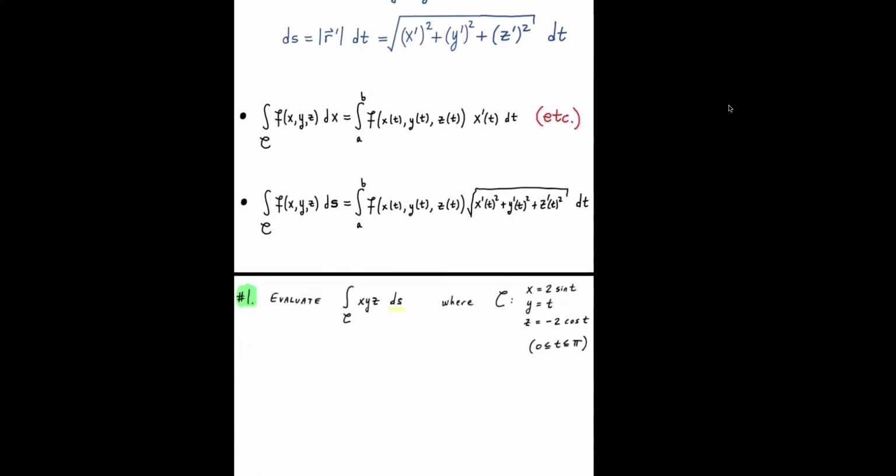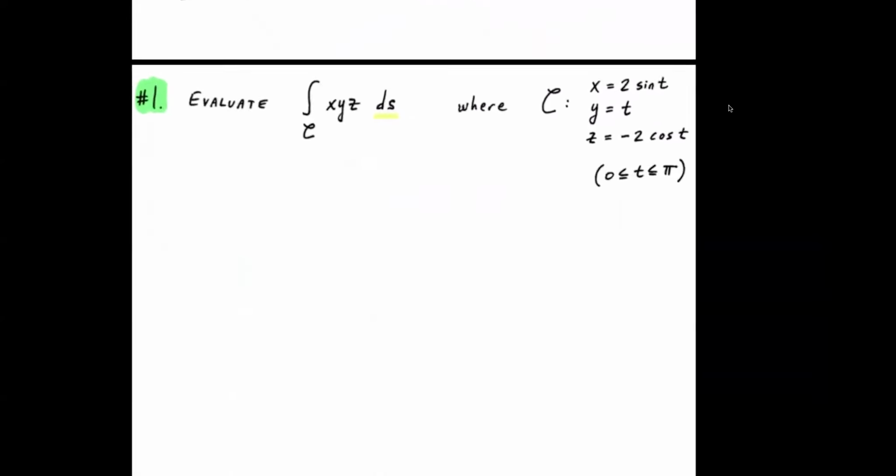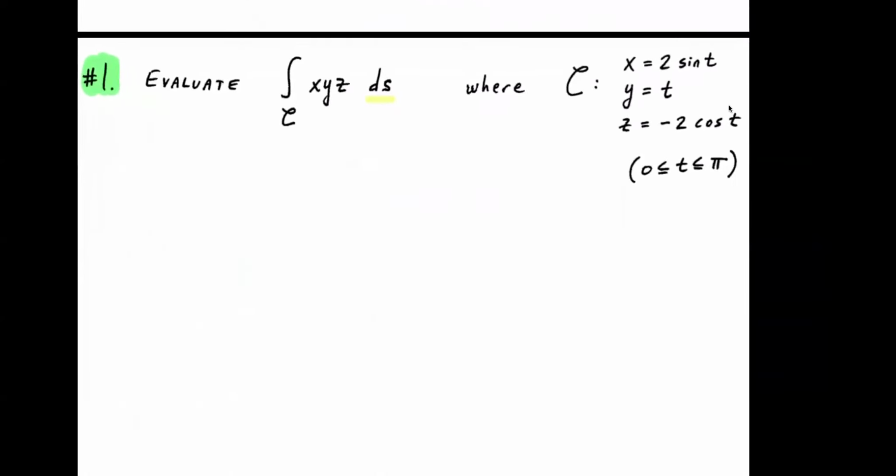So let's just do a couple of examples of this. In this first example, the problem asks to calculate this line integral over a curve, and the parameterization of the curve is given. So we have everything given here.